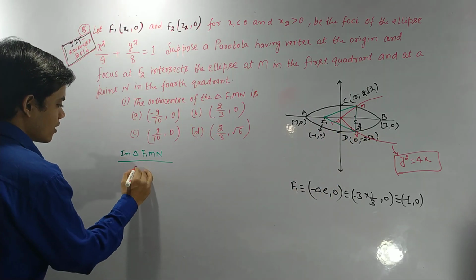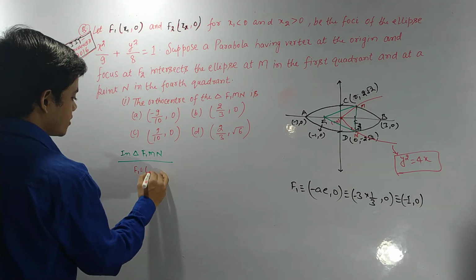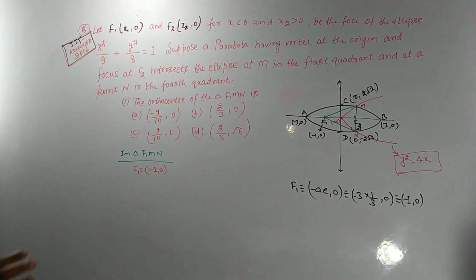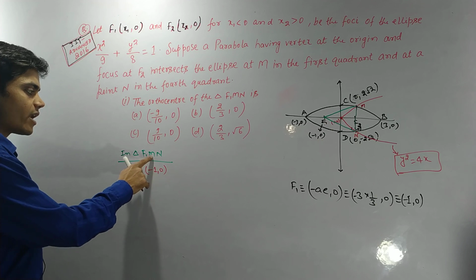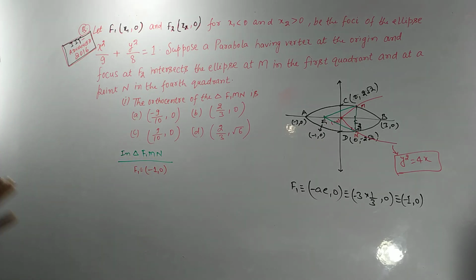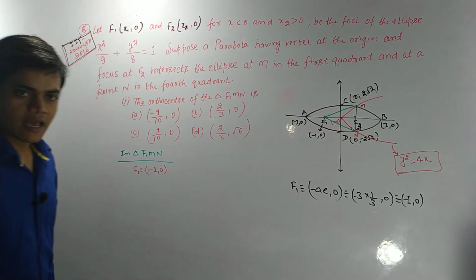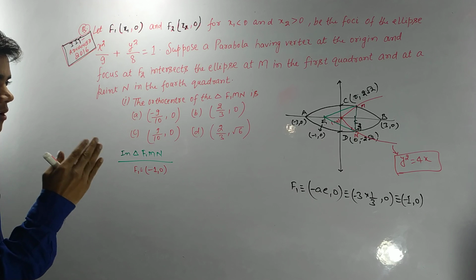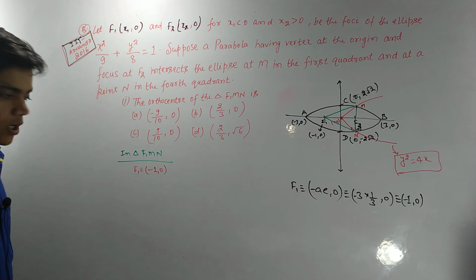In this, the coordinate of F1 is quite clear, which is minus 1 comma 0. Now we have to find the orthocenter of this triangle F1MN, and to get the orthocenter what we need is M and N, and we know that M and N are nothing but the points of intersection of the ellipse and the parabola.